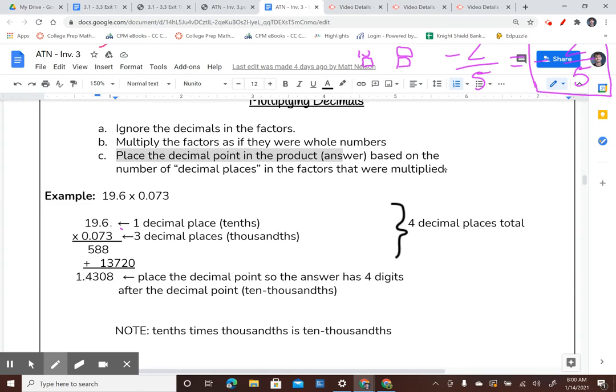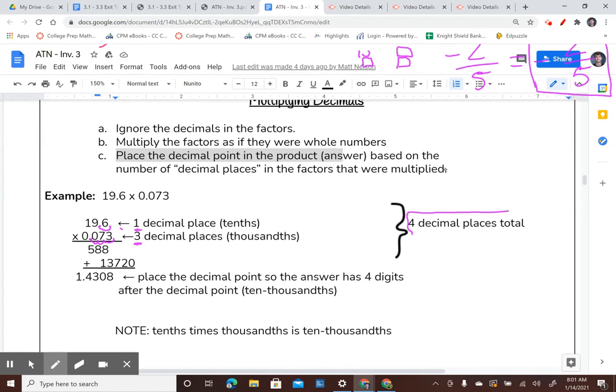in this first number here, we have 19.6. And so, since we are one place from the right side of the number, then we're going to keep that 1 in mind. And now we look at the next problem here, and it says 0.073. Since this is 3 places from the right, we're also going to keep that 3 in mind.